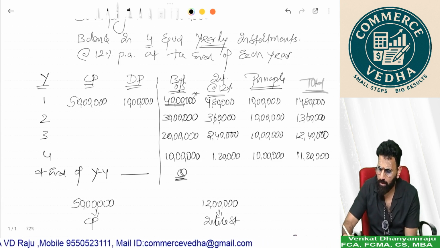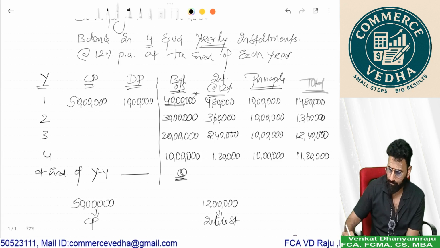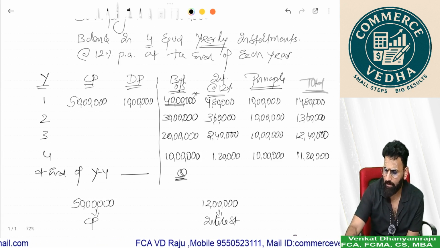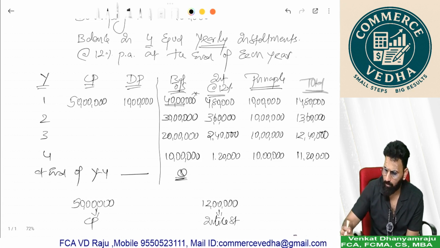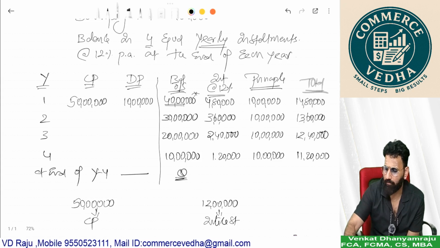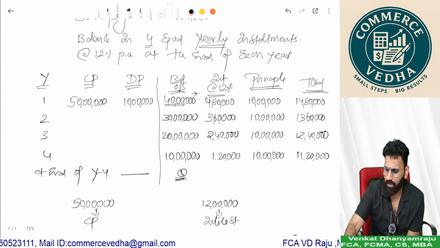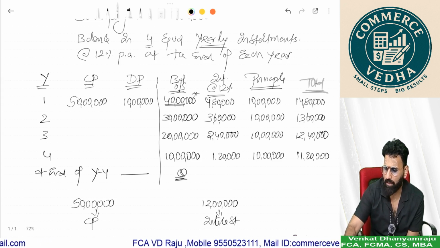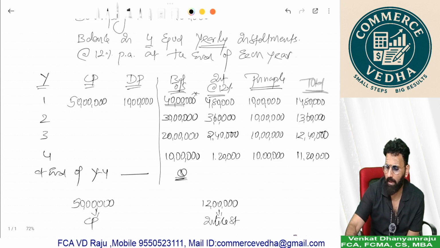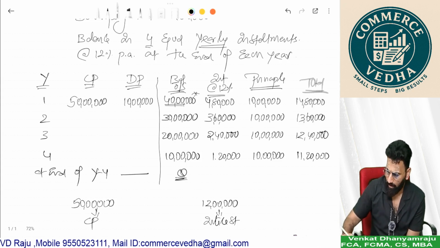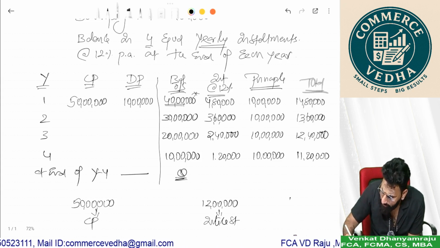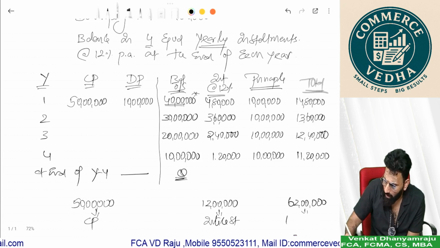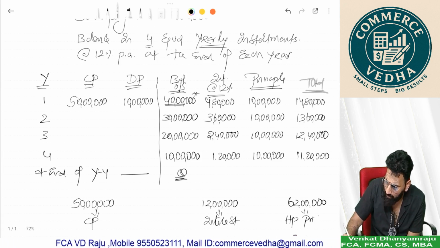And your total payment is down payment 10 lakhs plus 1480 first year, 1360 second year, 1240 third year, and 1120. Totally you paid 62 lakhs. This is your hire purchase price.